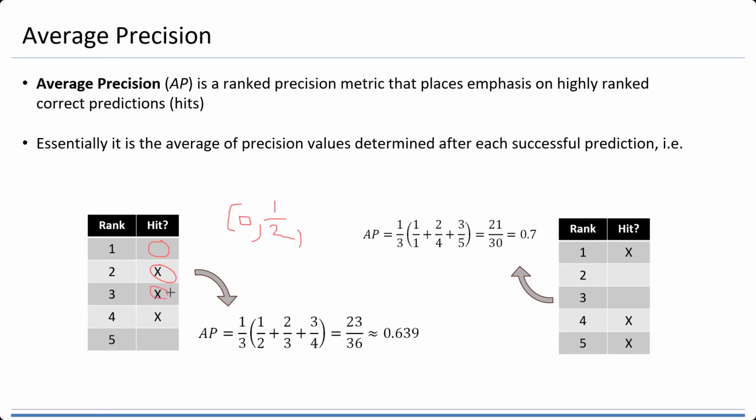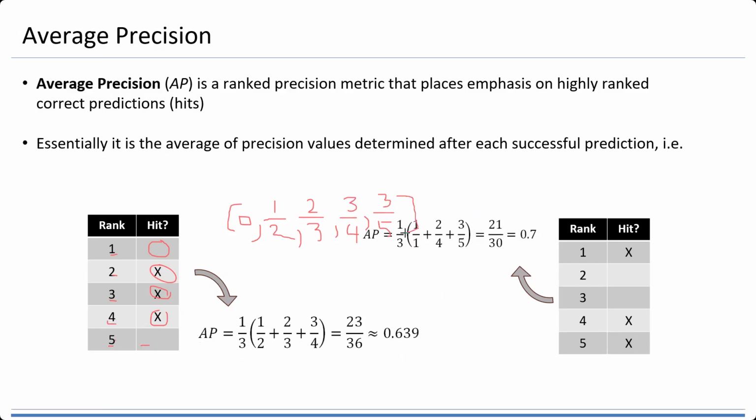At the third position, among 3 products, 2 have been hit. At the fourth, among 4 products, 3 have been hit. And at the fifth, among 5 products, 3 have been hit.